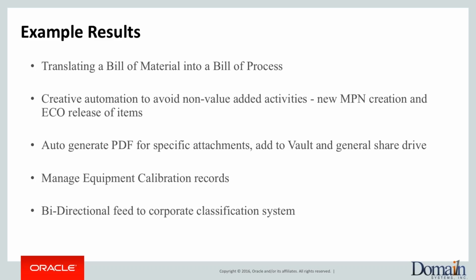So an auto generation of a PDF for that document or work instruction, and it adds it obviously to the Agile Vault, but it also pushes it out into a specific location out on your shared drive so that the necessary training and consumption of that product and that work instruction can be done by individuals that are not Agile users.